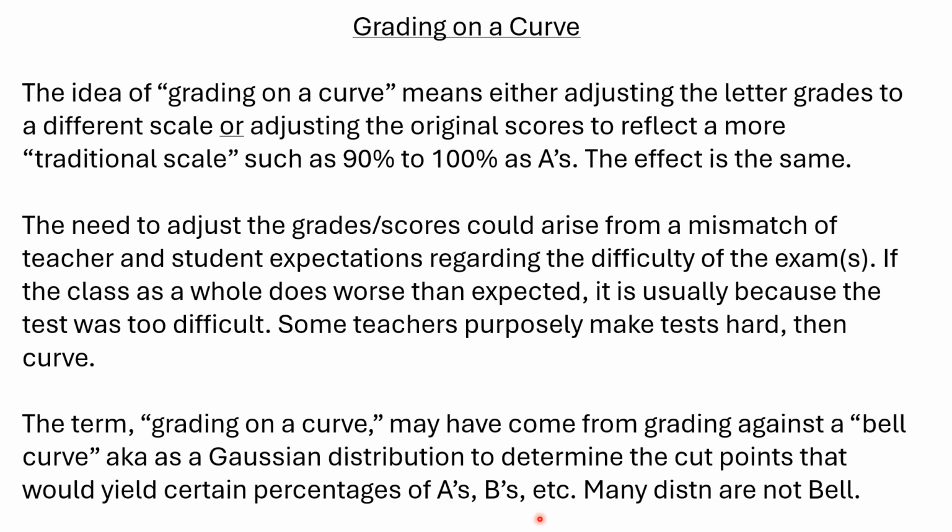In fact, many actual distributions of the scores are not bell-shaped, but other distributions, sometimes highly skewed, we may get into later on. But in spite of that problem, the method of grading on a curve has remained fairly popular.